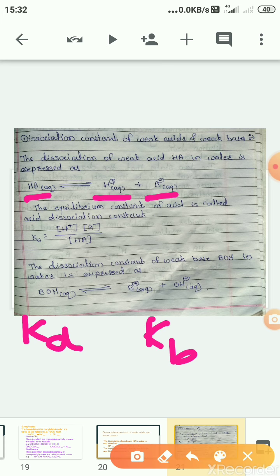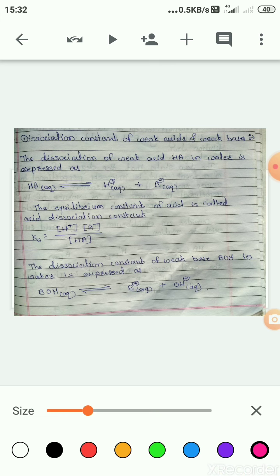Now see the equation: Ka is equal to concentration of H plus ion times concentration of A minus ion divided by concentration of HA. That means concentration of cation times concentration of anion divided by concentration of the undissociated compound.